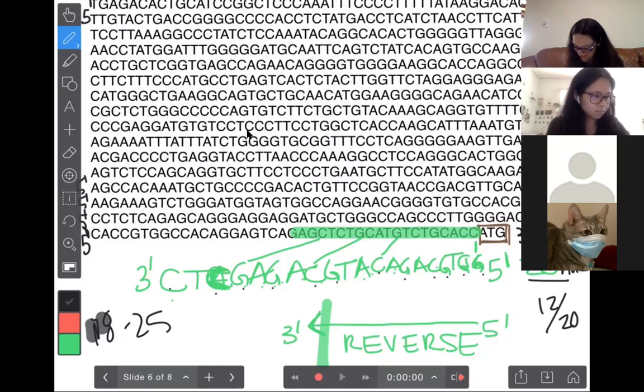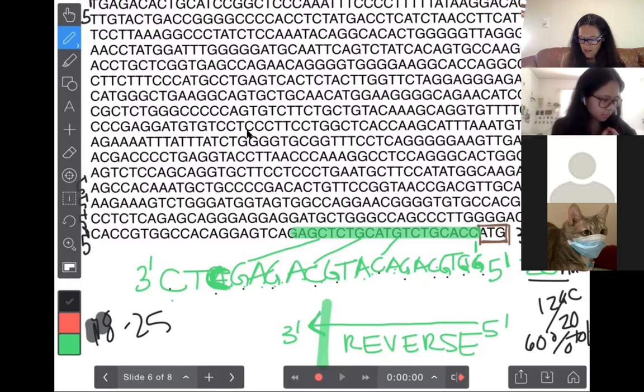No, I'm not a math genius, but I'm going to use my calculator to figure out the exact percentage. So that is exactly 60%. So it's 60% GC rich because I have 12 GCs out of 20 total. And that's how we do percents, right? So that fits my criteria.